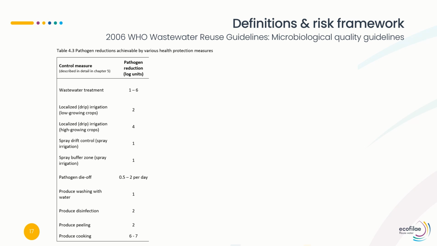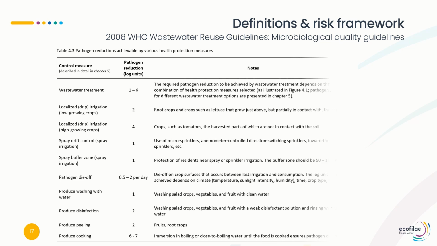Adding the log reductions from different control measures together is the basis for the multi-barrier risk management approach and is a key part in the development of a comprehensive risk assessment and risk management plan. Some standard or typical pathogen reduction values for control measures may be reasonably fixed, but others can depend on the specific situation as shown in the notes column of the table. Pause the video to read in detail or find the table in the guidelines.